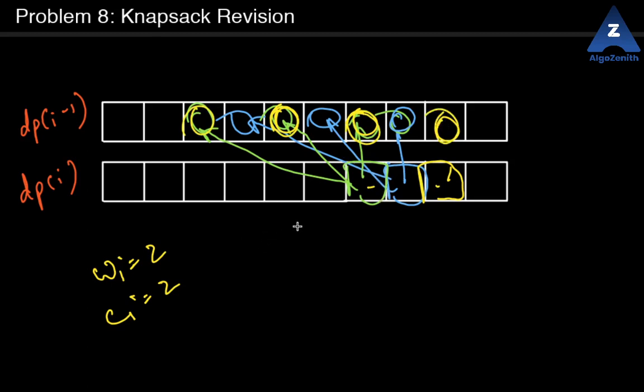So what is happening over here? You can build a prefix sum on this with a distance of 2, like this cell will store the sum of these two values of dp of i minus 1, this cell will contain the sum of these three values, this cell will contain the sum of these four values.